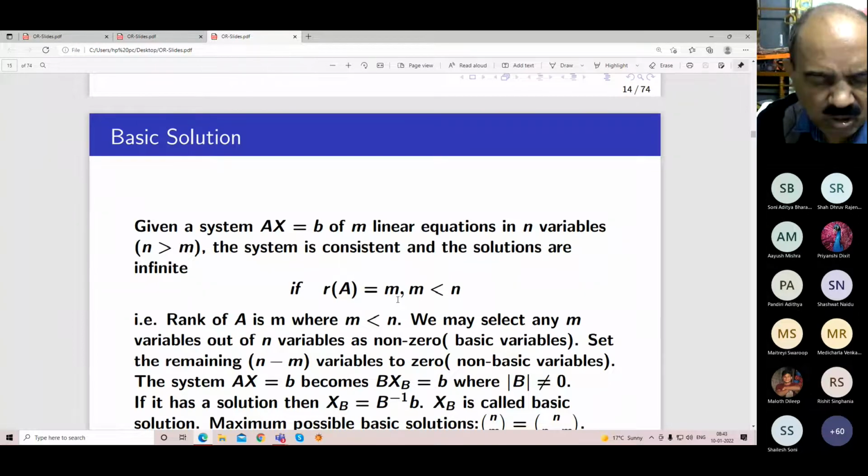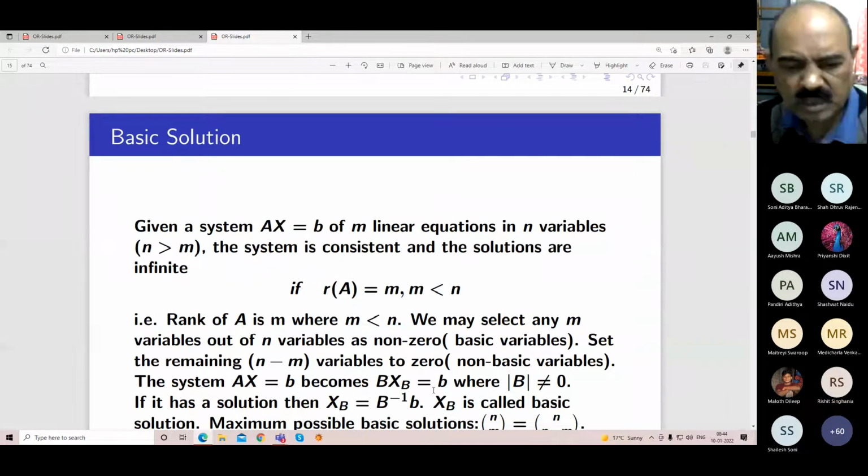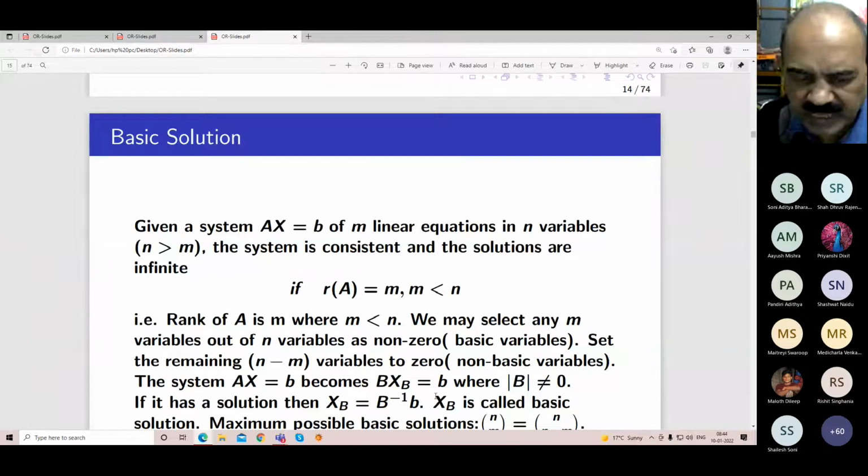After that, if you set the variables in this manner, with some variables zero and some non-zero, the system Ax = b becomes B xB = b. The capital A becomes capital B, and the solution vector x becomes xB. The right-hand side b remains as it is. So this becomes a system that looks like a square system.